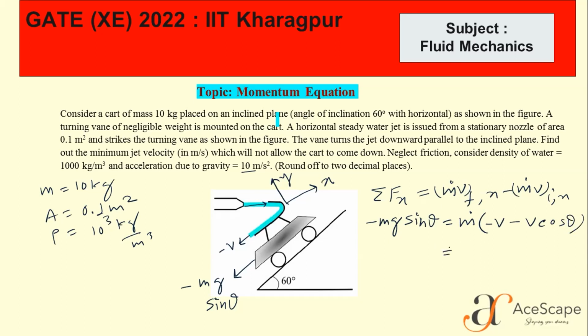Now this is rho a v into, I can take this v common also, and write it here. It's like this, cos theta.